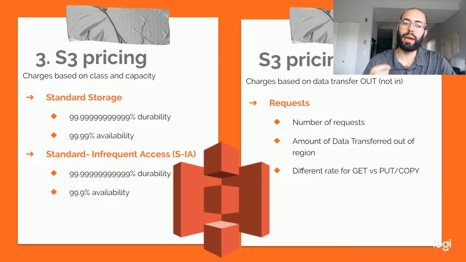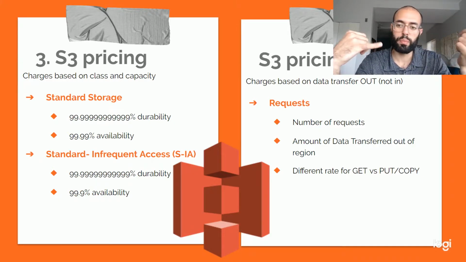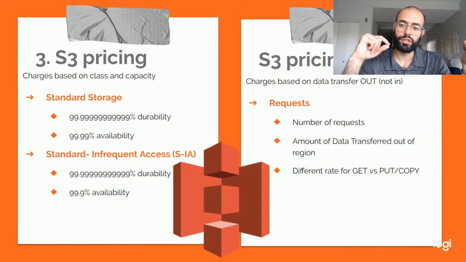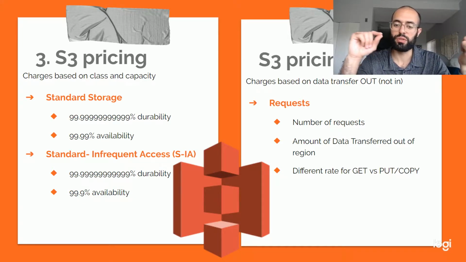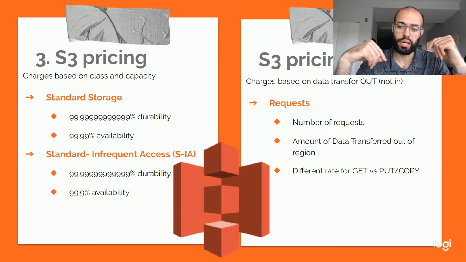So what are you actually paid for in S3? Well, you're paid first and foremost for the volume of the data that you're storing on S3, but then you're also paid data transfer rates, which is again data out. So the number of requests and the amount of data transferred out of a given region all goes into your pricing, as well as different rates for the different types of requests, such as a get versus a put or a copy.